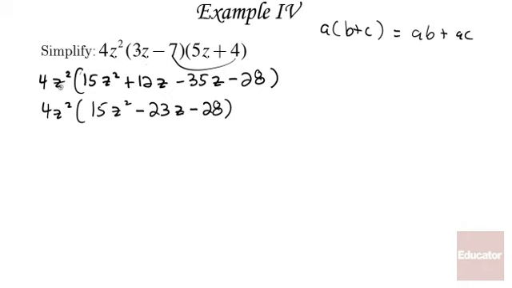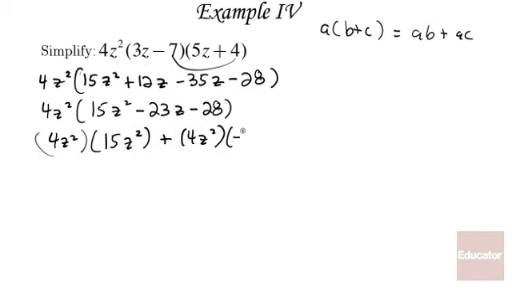Now I need to apply the distributive property again to work with the 4z squared. And that's going to give me 4z squared times 15z squared plus 4z squared times negative 23z plus 4z squared times negative 28.